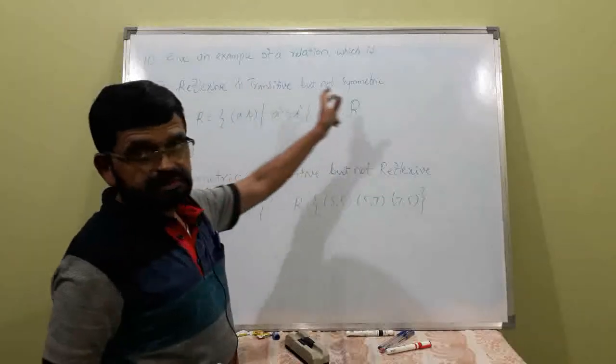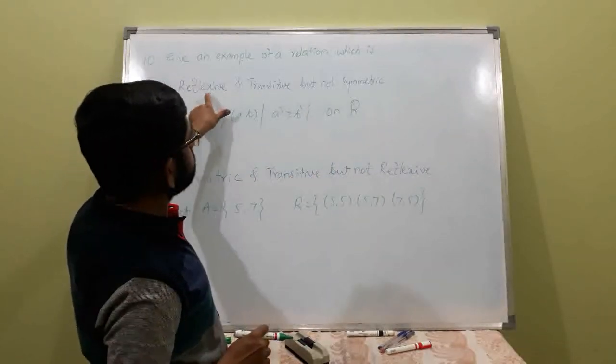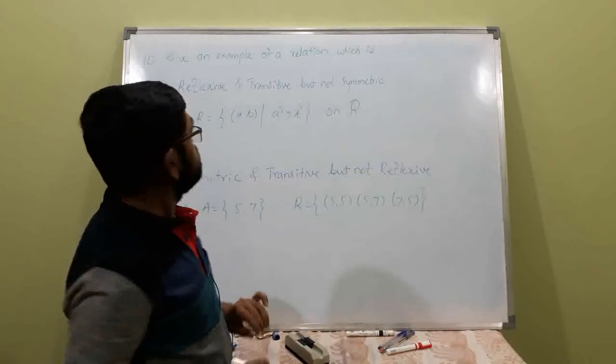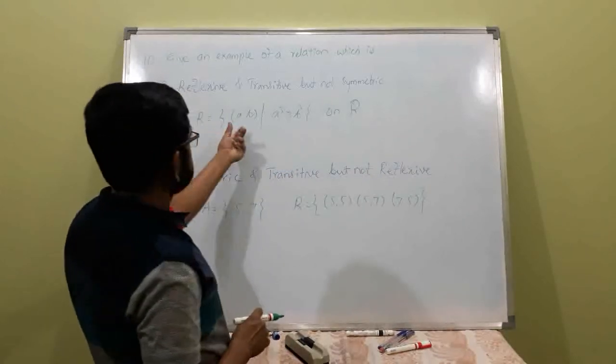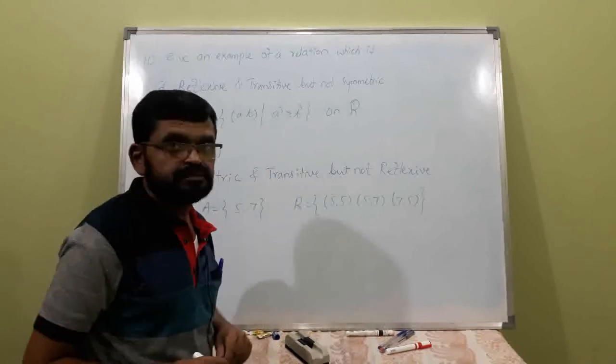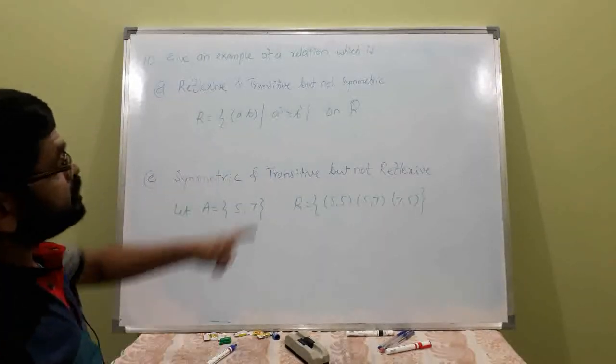You have to construct an example of a relation that is reflexive and transitive but not symmetric. If you take R as the set of (a, b) where a cube is greater than or equal to b cube, you can take a square, b square also, on real numbers.